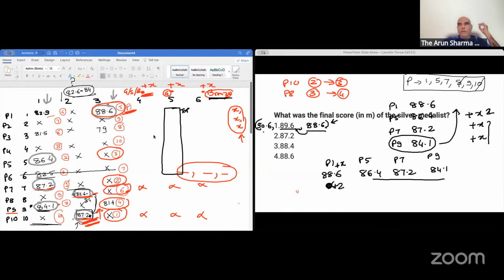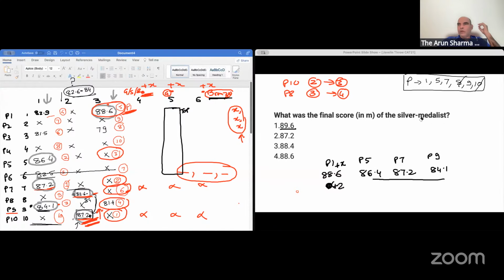So the score of the silver medalist, 89.6, is something we can reject. The second most attractive option is 88.6 because we have an 88.6 inside this. And I mean, of course, 87.2 also we have. So if I try to make this guy the silver medalist, it means that he did not improve his score.